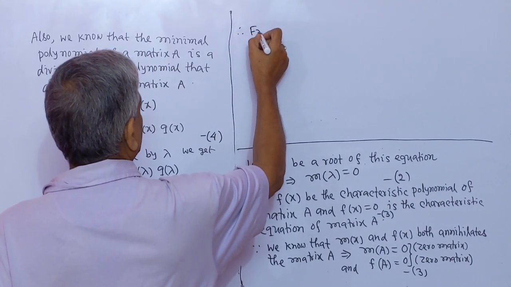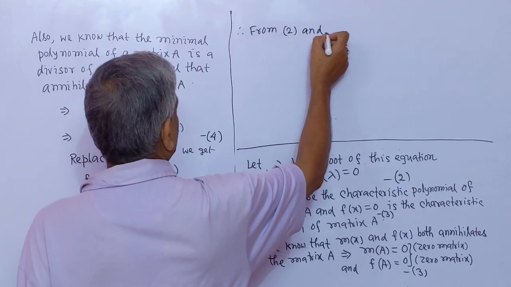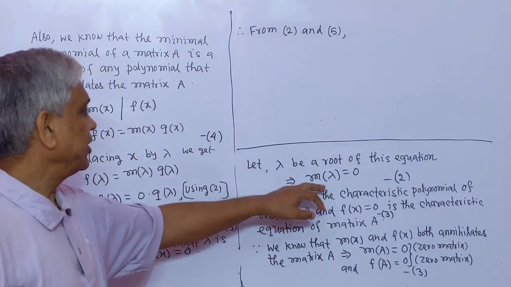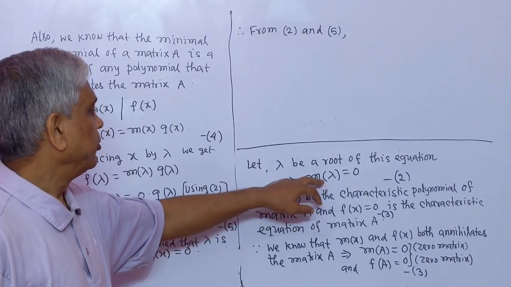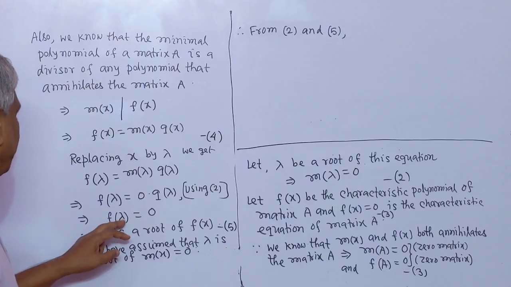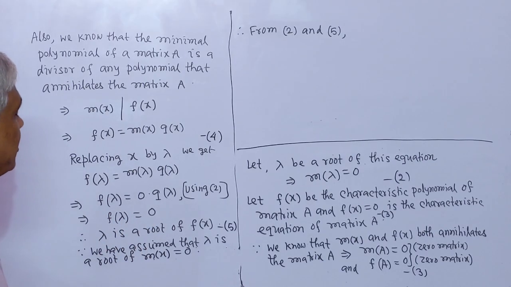Therefore, from 2 and 5, here in 2 lambda is a root of the minimal equation, and in 5 lambda is a root of the characteristic equation.